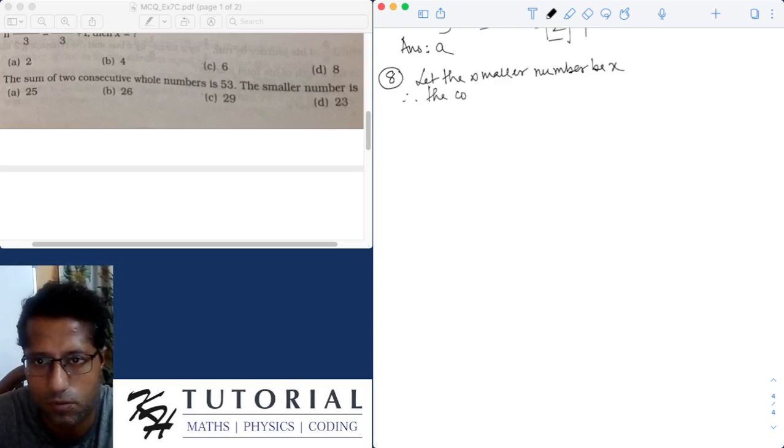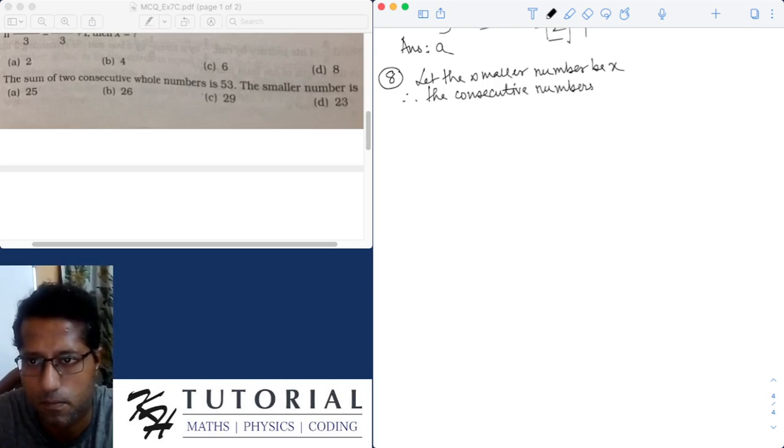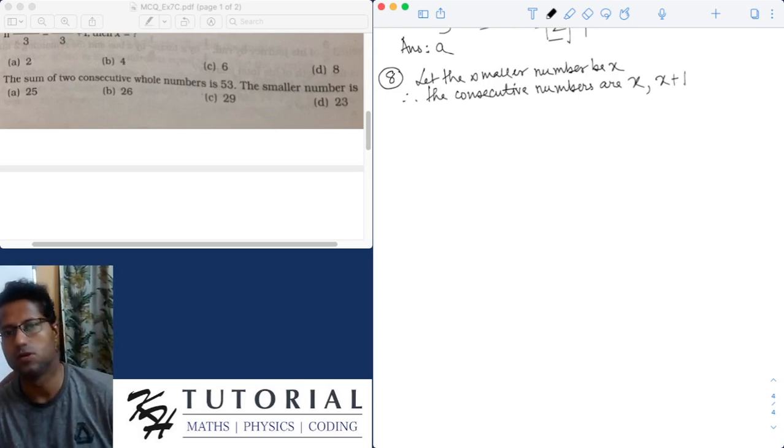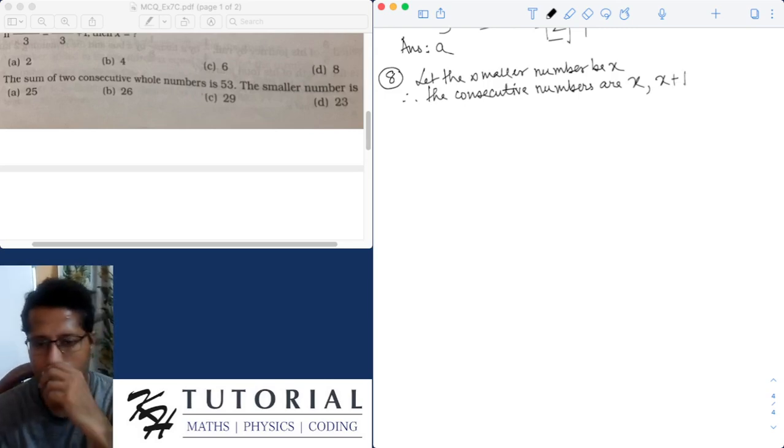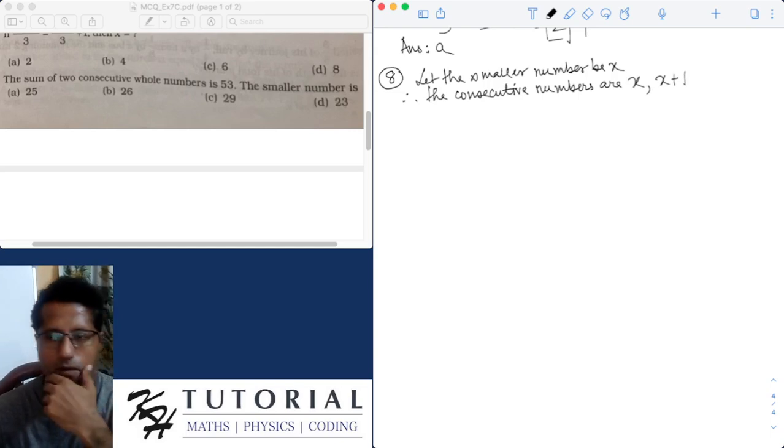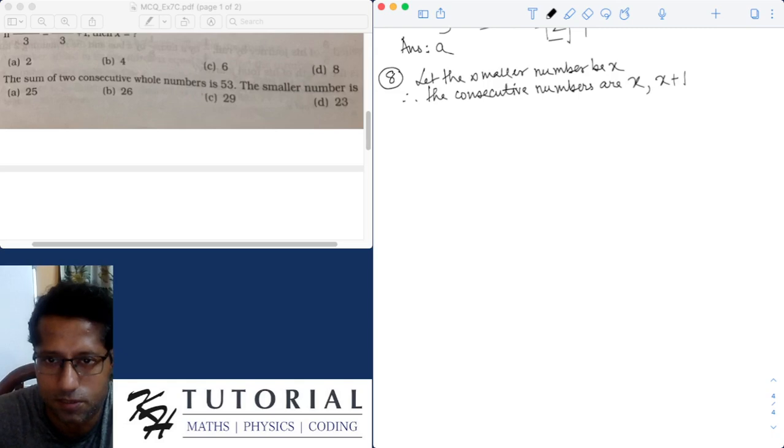Therefore, the consecutive numbers are x and x plus 1. The consecutive number of a whole number is 1 added to that number. So the sum is given.